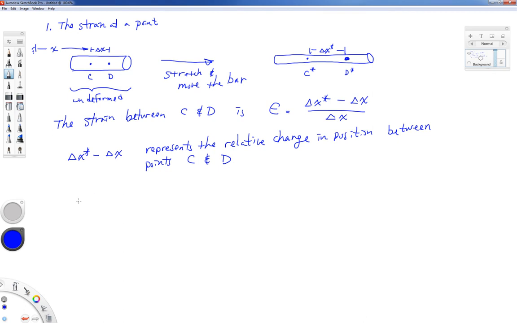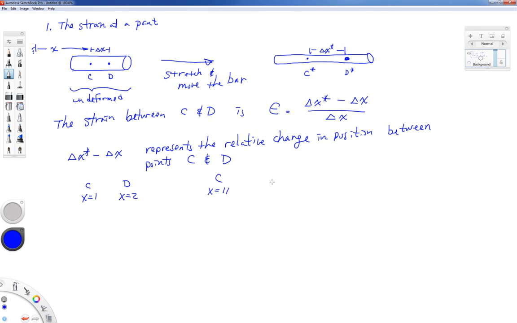Let's say point C started out at position X equal to 1. Point D started out at position X equal to 2. After this thing is stretched out or moved, maybe point C star is now at X equal to 11.